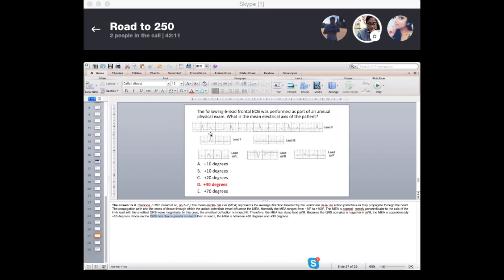They look a little bit taller than in lead 1. So that indicates an axis between plus 60 and plus 30. Plus 30 because the QRS is negative in aVR, and 60 because lead 2 is greater than lead 1. Essentially, I would have had to go through a little bit more detail about all the leads, and I didn't do that. Sorry.